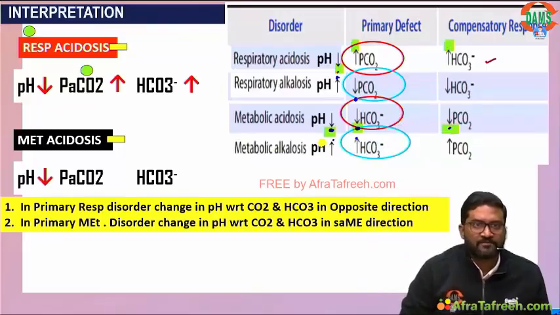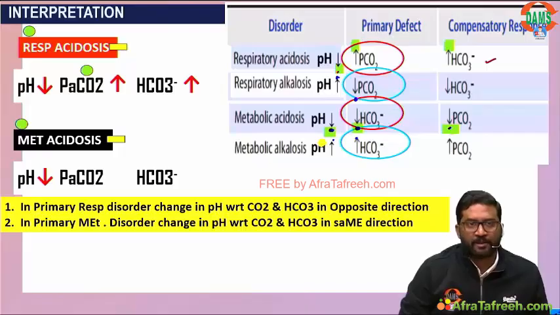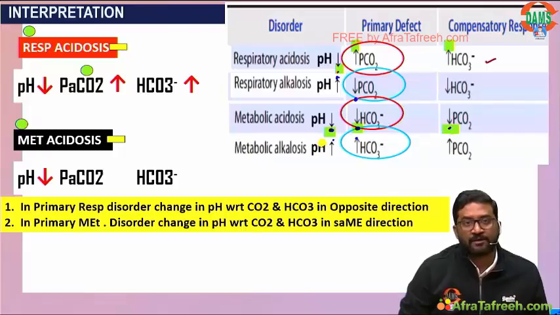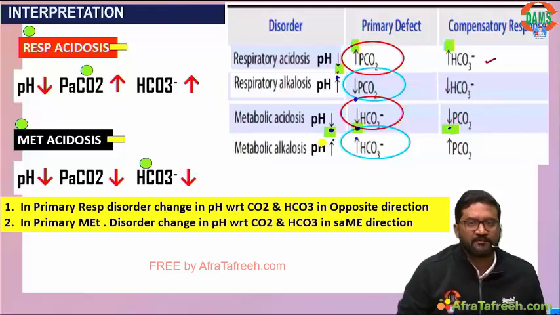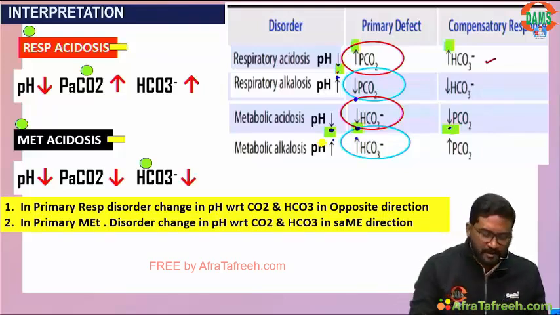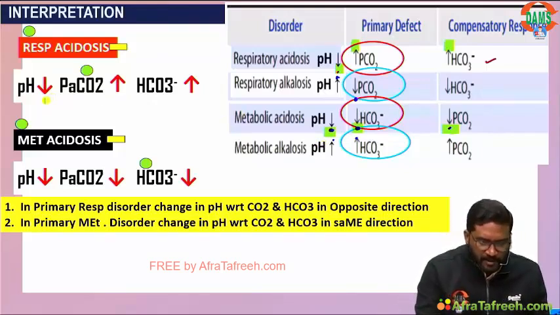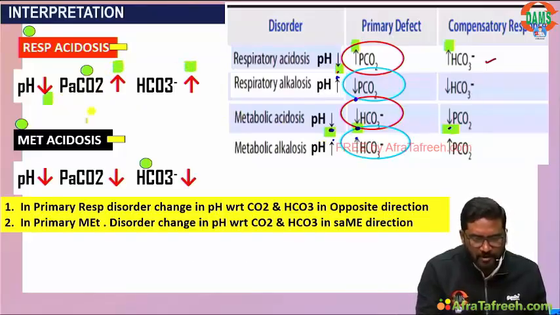To call it metabolic acidosis, pH should reduce. To call it a primary metabolic event, you only tell me where that ball should roll onto. It should roll onto bicarb. So bicarb decreases in metabolic acidosis. As a compensation, there will be respiratory alkalosis. Once again, you only see in primary respiratory disorder, change in pH with respect to parameters is opposite.